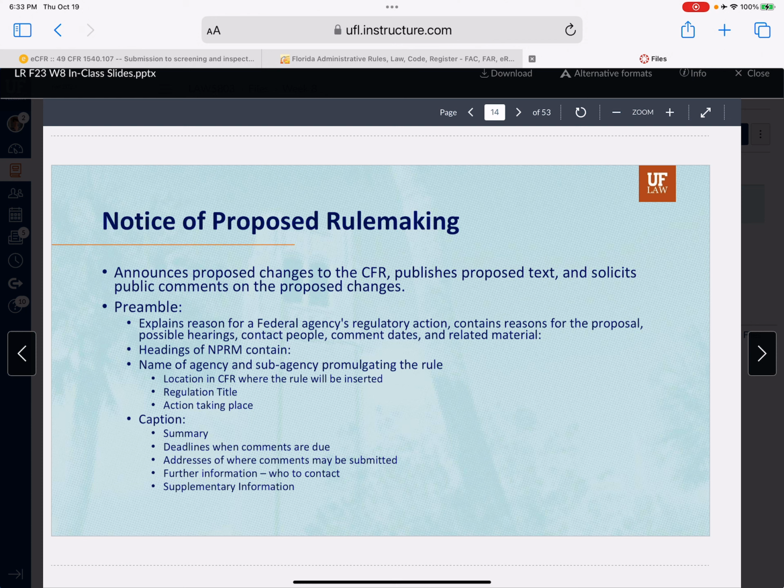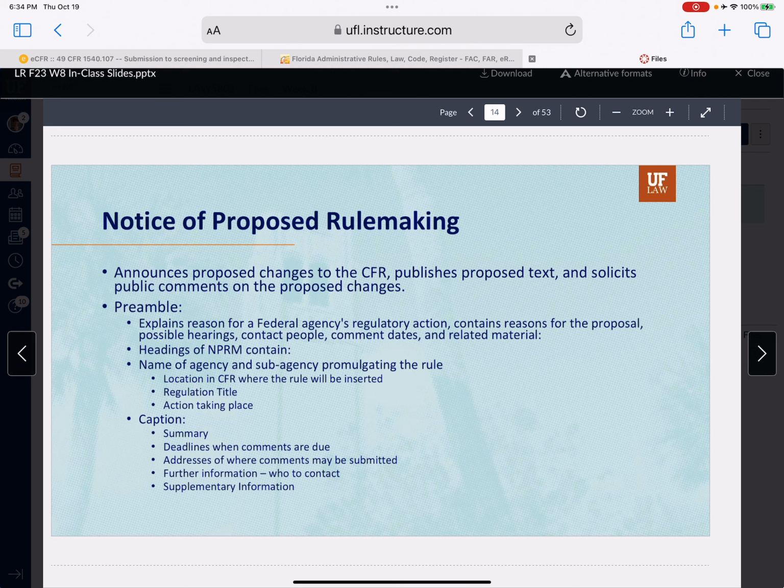So there are 2 parts of a proposed rule. The first is the preamble, and that's where the agency explains why it thinks this is necessary, right? It gives any dates of possible hearings. It tells the public how and who to submit a comment to and what the deadline is for those comments.